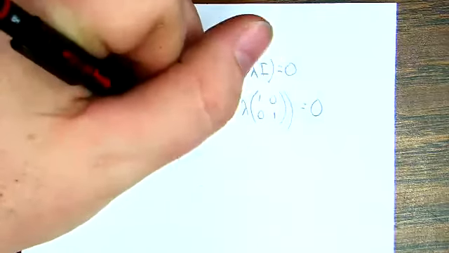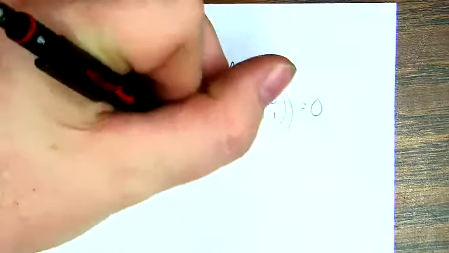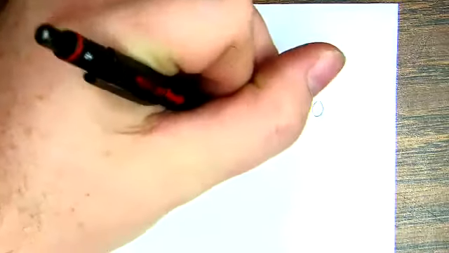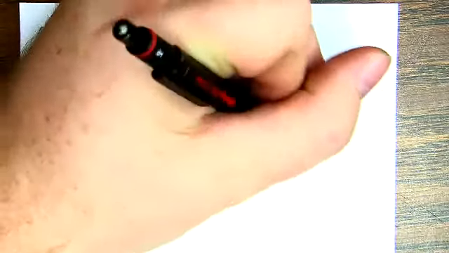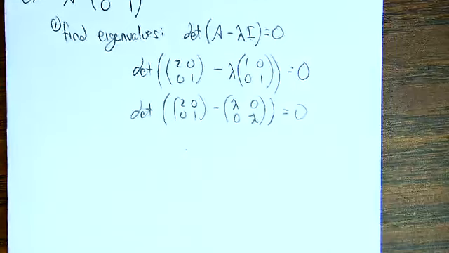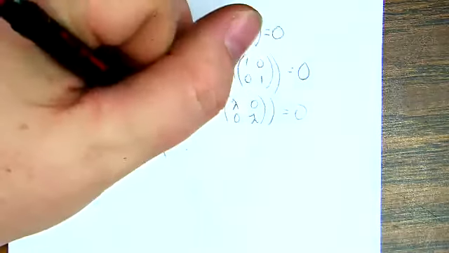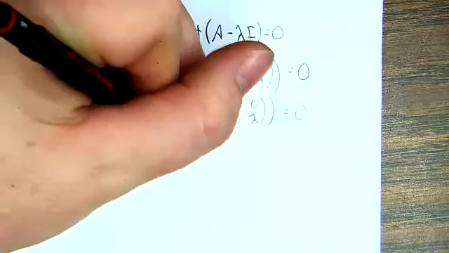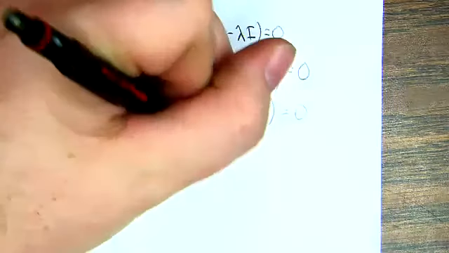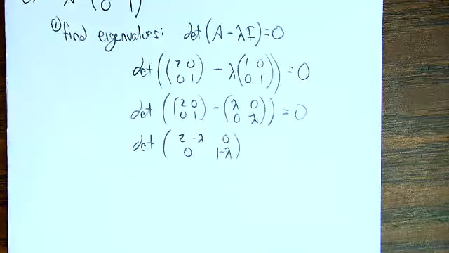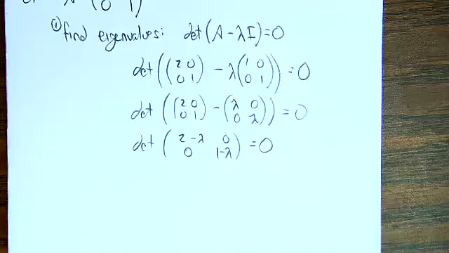So the determinant of 2, 0, 0, 1 minus lambda 0, 0, lambda needs to be equal to 0, which means the determinant of 2 minus lambda 0, 0, 1 minus lambda needs to be equal to 0.